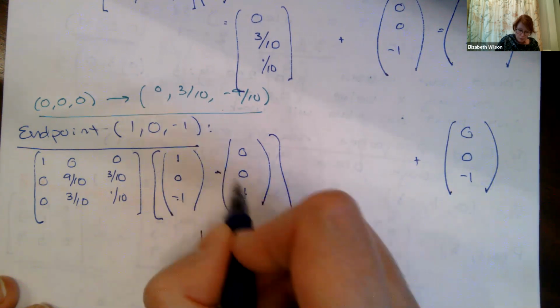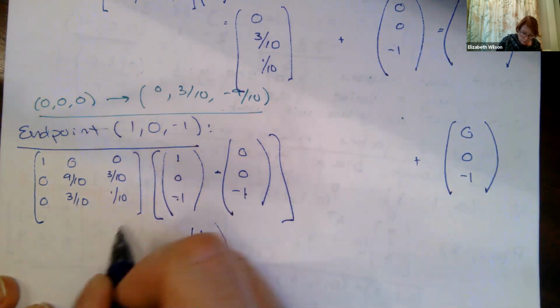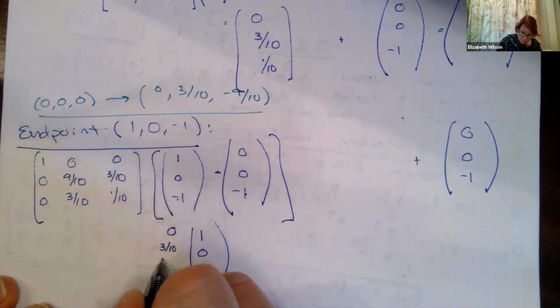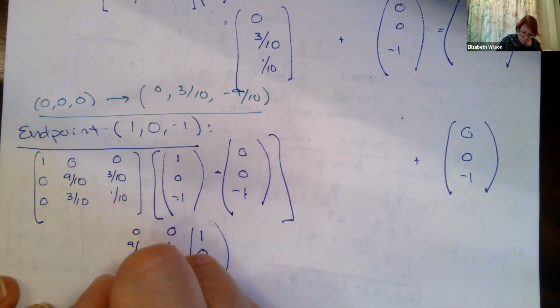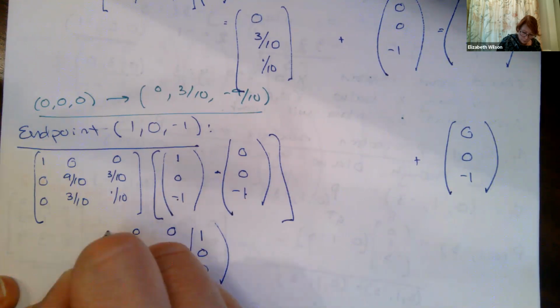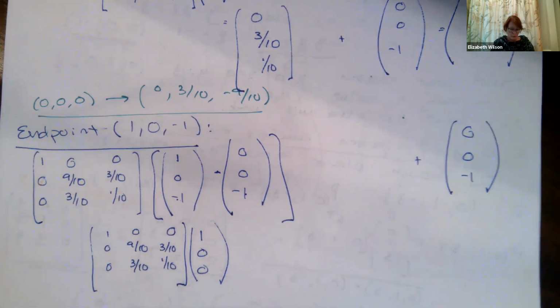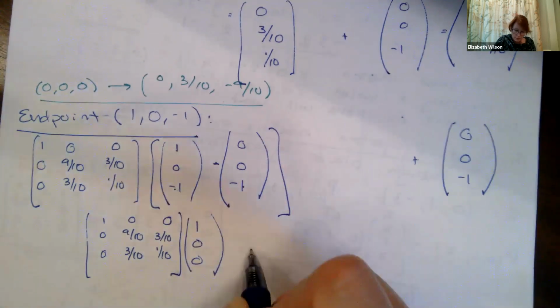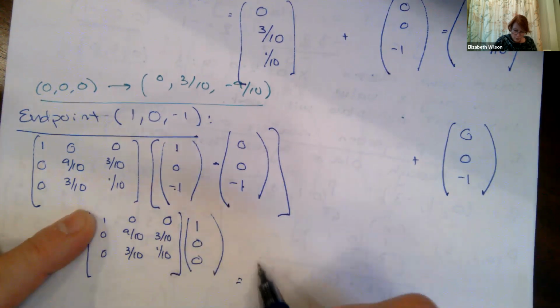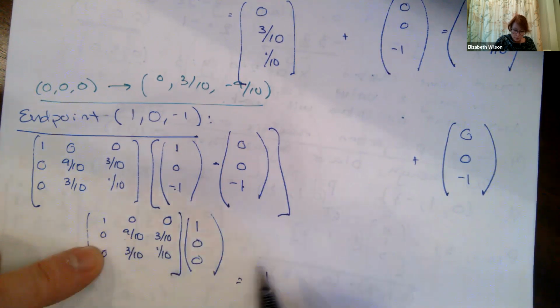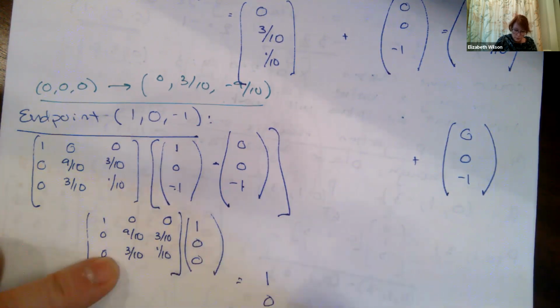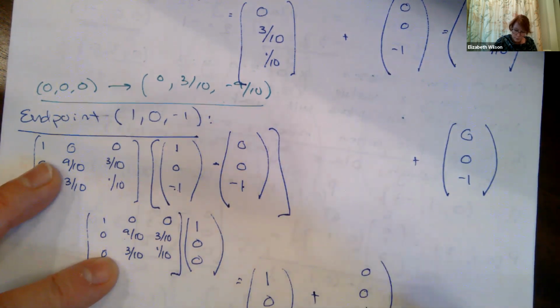So minus 1 plus 1 is 0. Now I get to multiply the matrices out. So it's going to look like this: 1 times 1 plus 0 times 0 plus 0 times 0, and so on. Plus 0, 0, minus 1. It's equal to 1, 0, minus 1.